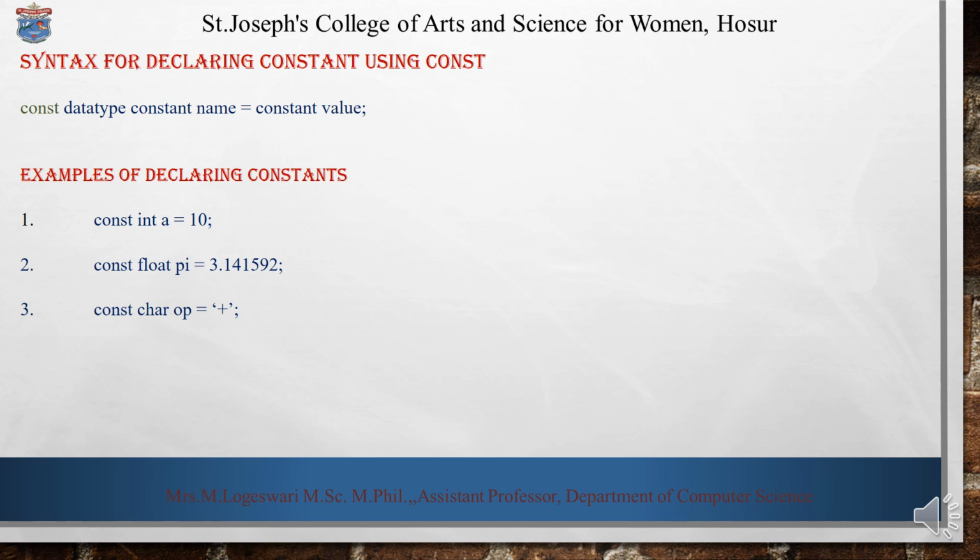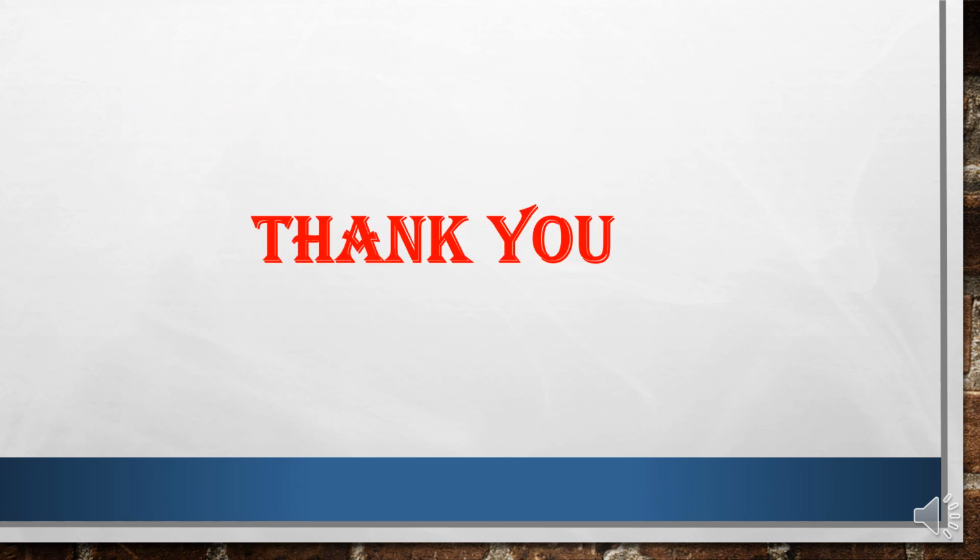So we assign the value 10 to a, and a is the constant value. One more example, const float pi equal to 3.141592. 3.141592 is assigned to the constant pi, so it cannot change during the execution of the program. Thank you.